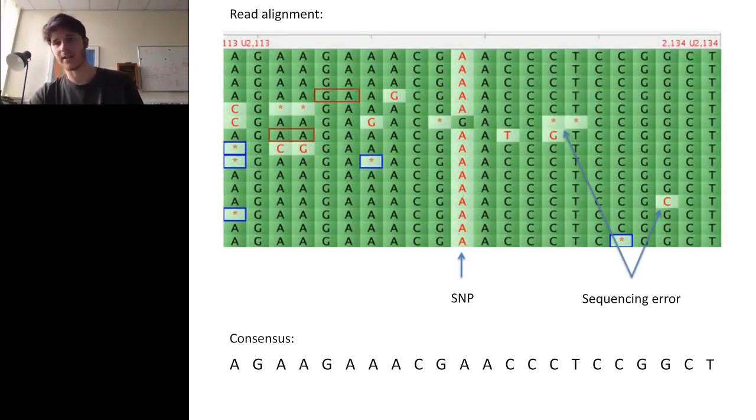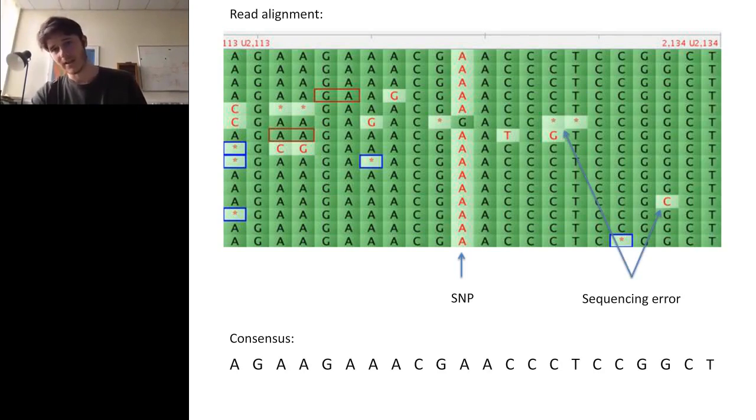And this is an alignment of Ebola sequencing reads, whereby you can see the single sporadic differences in the sequences, which are actually sequencing errors, labeled on there, and then a genuine biological change between the sample that we've sequenced and the reference genome, which is a real SNP.